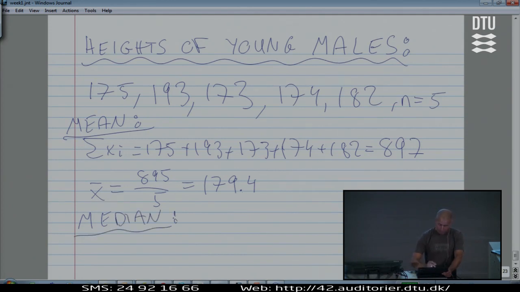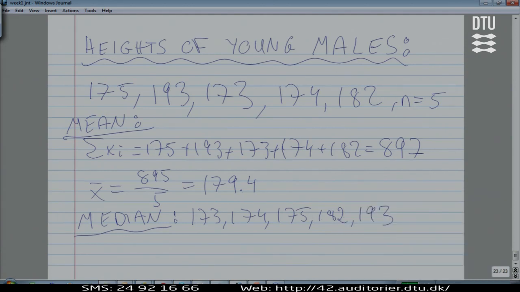The median. Then we would order. We have the small guys first. Sorry. We have a guy in the middle, and we have this awkwardly large guy here.